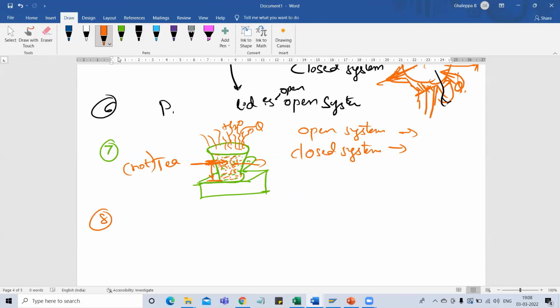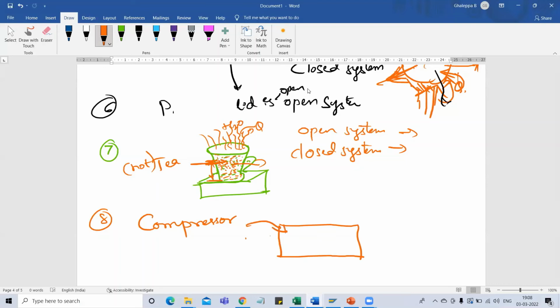Understood. Okay. Last, compressor. Compressor, why is it used? To compress the air, sir. To compress the air. For example, this is a compressor. To compress the air, air must go inside. Correct.